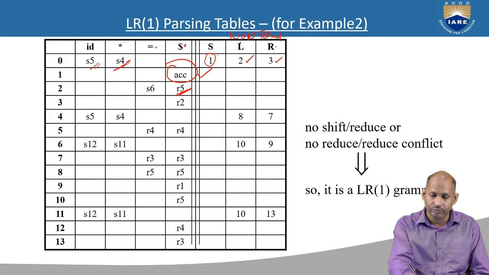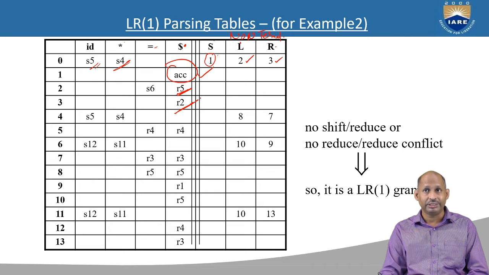In the dollar, we have written the production number: reduce the production number 2.